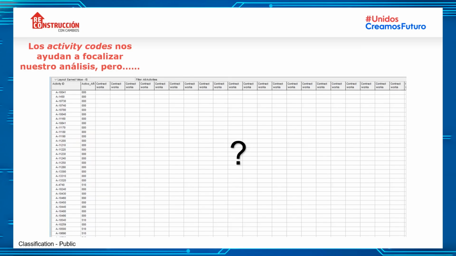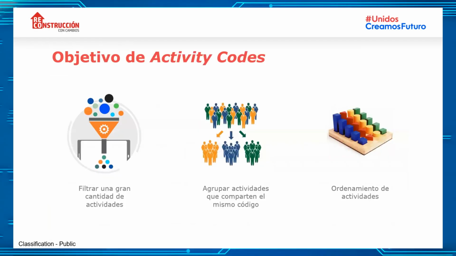On the opposite, if we don't consider this and we create activity codes directly in our particular projects, we may fall in this scenario where we have a huge amount of activity codes created, which makes it more difficult to assign the activity code that we require. It also makes it more difficult to filter the information as we need it. And we generate an unnecessary load of information within the platform. Okay, so can we move to the next one?